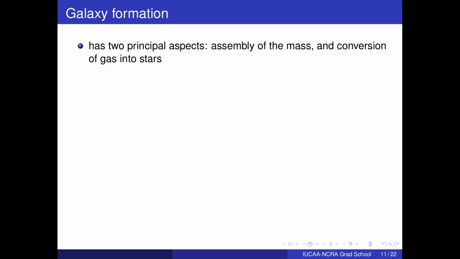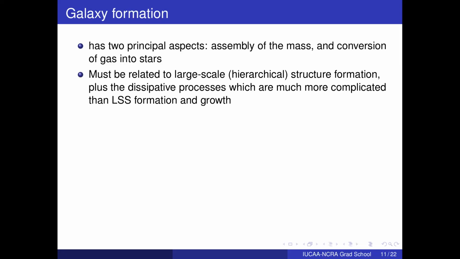So it has two principal aspects. First is the assembly of the mass, so getting sufficient gas together in one place, and conversion of the gas into stars. This must be related to the large-scale hierarchical structure formation, plus the dissipative processes, which are much more complicated, as we have seen, compared to the growth of the large-scale structure, which is a purely dark matter gravity-driven process.